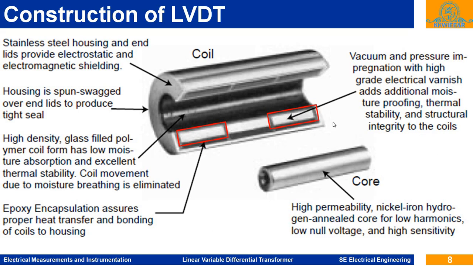Then how are these coils manufactured? Vacuum and pressure impregnation with high grade electrical varnish adds additional moisture proofing, thermal stability and structural integrity to the coil.